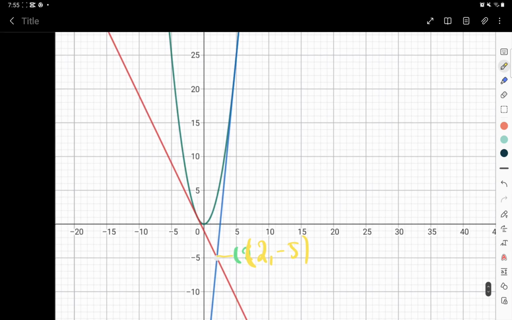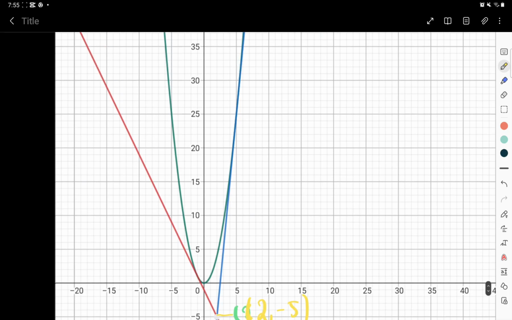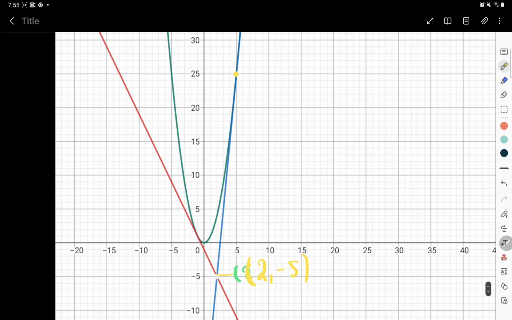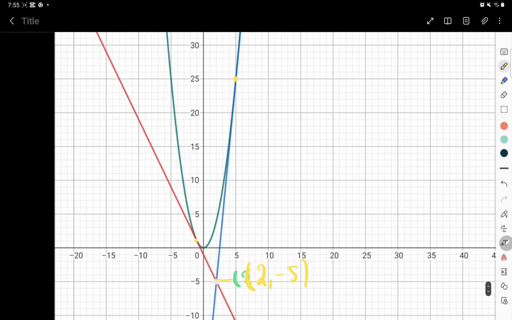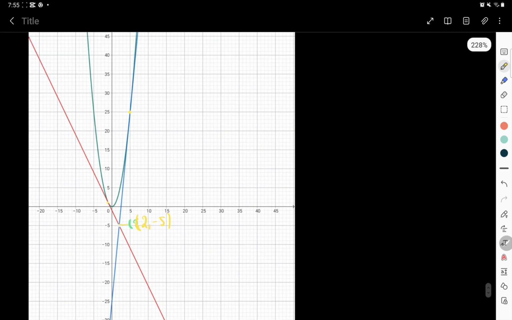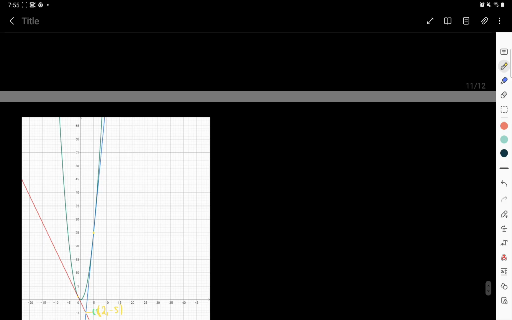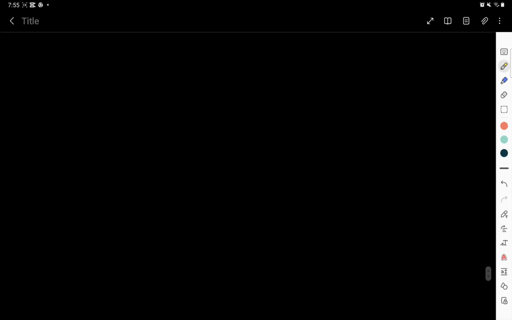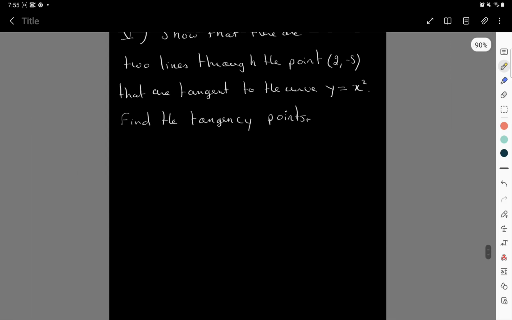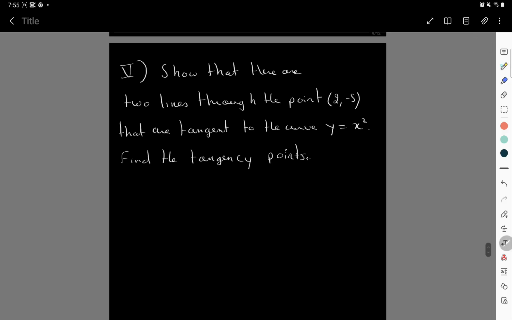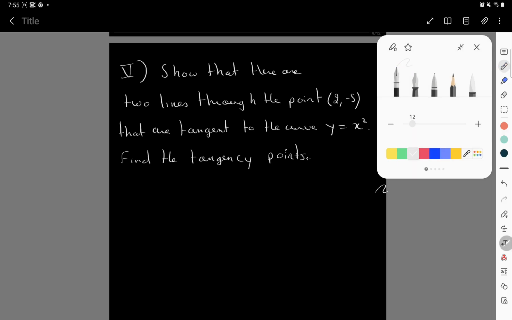It's a bit difficult to see, but this is one tangency point and this is another tangency point. So really what we have to do is find a way to find these 2 points. Now this is not very easy to think of, but let us start by finding a way of setting up this problem.